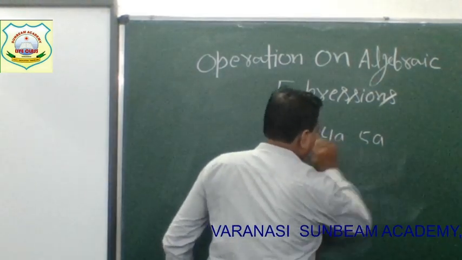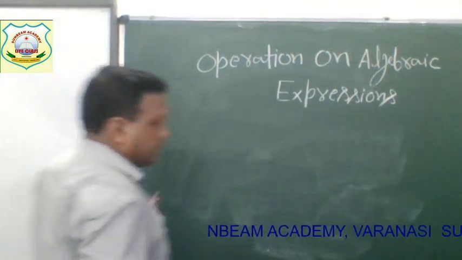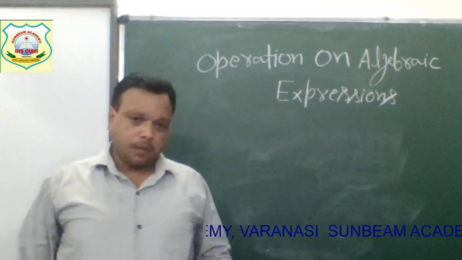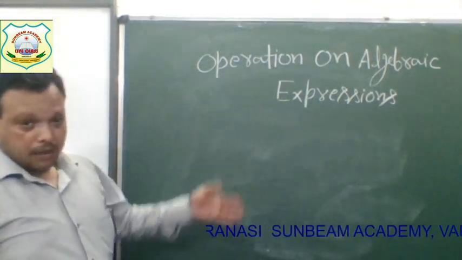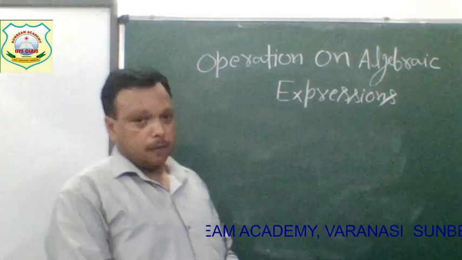Students, one more thing: like terms and unlike terms. As you know, you did like terms and unlike terms in the previous class, in class 7, in fractions as well as algebraic expressions.